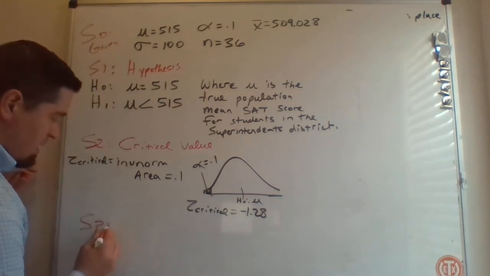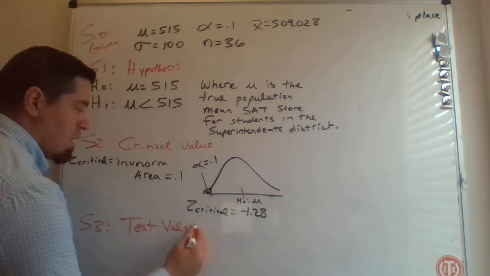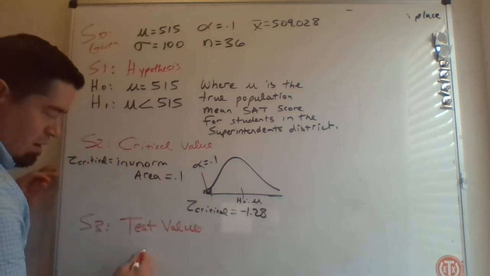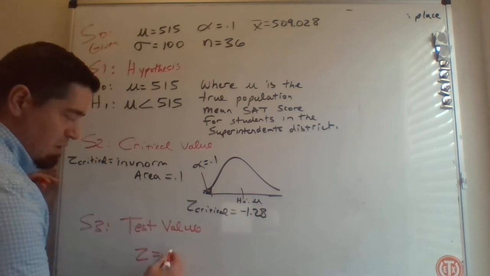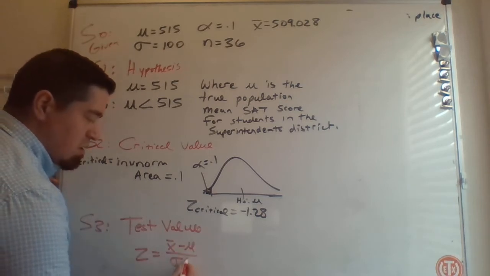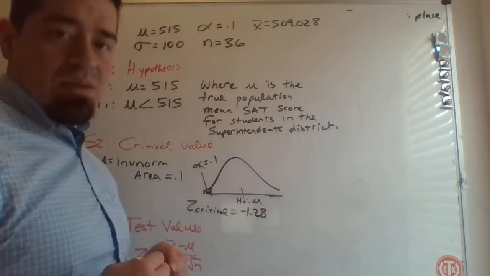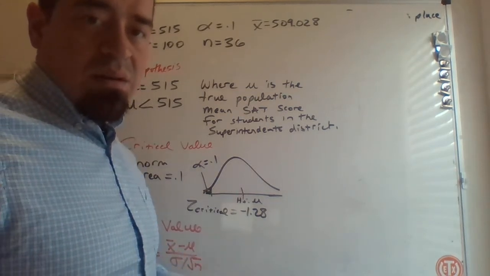Okay, so step 3, we're going to go ahead and calculate the test value. And if you recall, our test value here will be z equals x bar minus mu divided by the standard deviation over the square root of n. Okay, and this comes directly from our previous section.